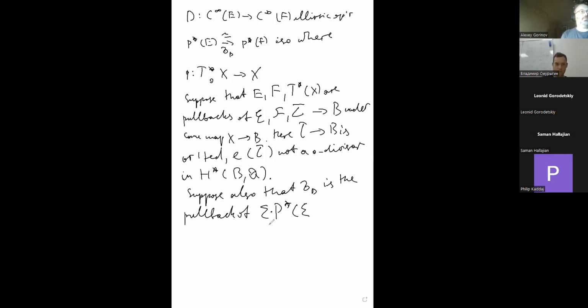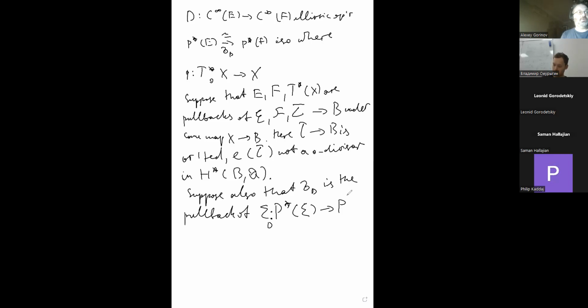And suppose also that the symbol is also a pullback.